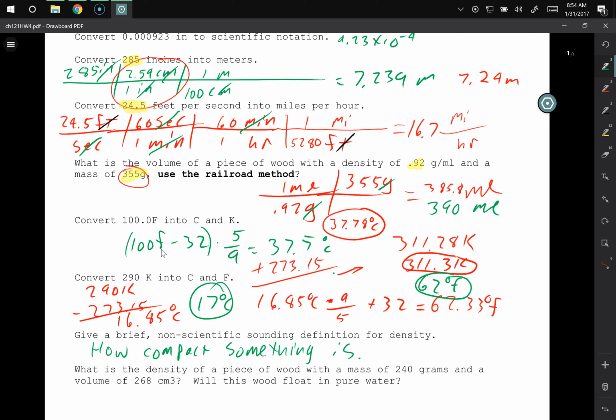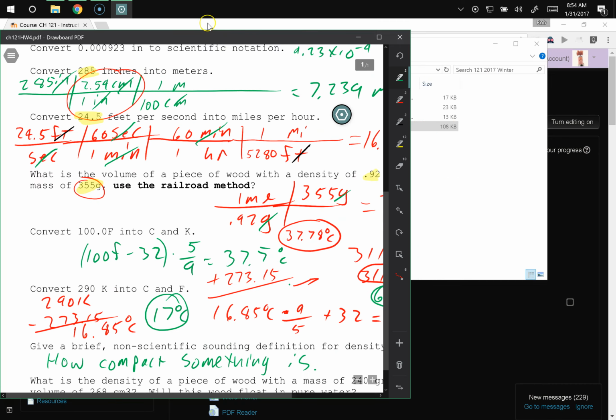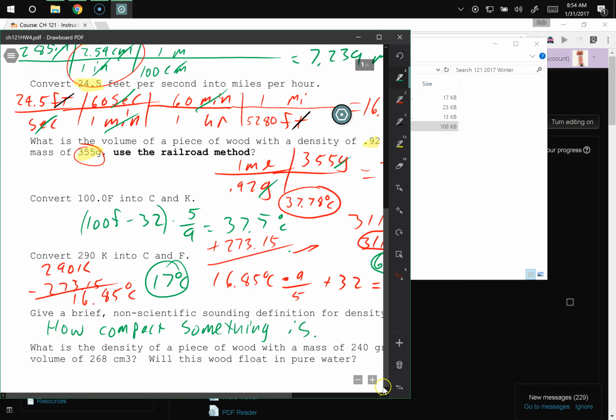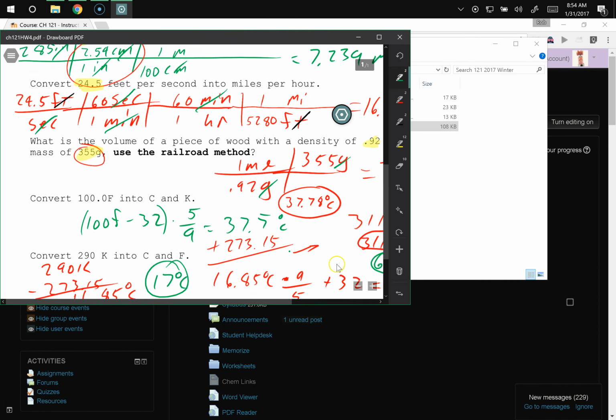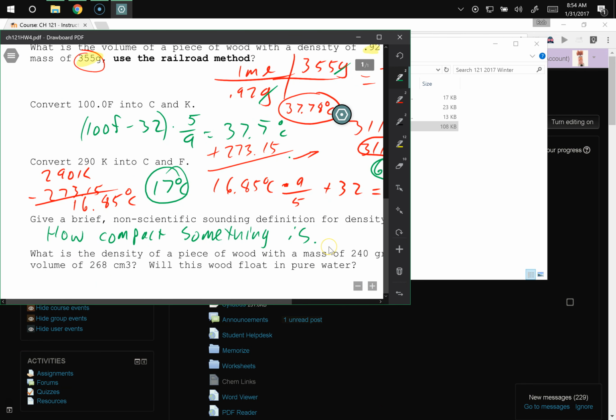Okay, this last one. So what unit am I looking for for density? I need a mass unit divided by a volume unit, and that'll be a density unit. And so what I have here is a volume unit, this centimeters cubed, and a mass unit, this 240.